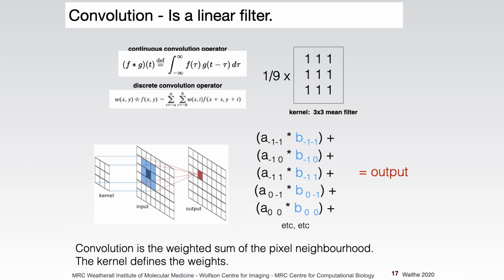This kernel comprises a 3x3 grid of ones. We take each position of the kernel, multiply it by the corresponding one in the image, sum them up, and have the output here. So in each position, we do this 3x3 dot product, and then we put the output in one pixel in the output image.